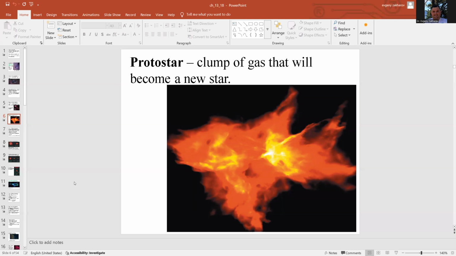Same thing with the protostar, which is not a star yet, but it's about to become a star. So just some more time, some more gravity to work around, and the star eventually enters the main sequence.